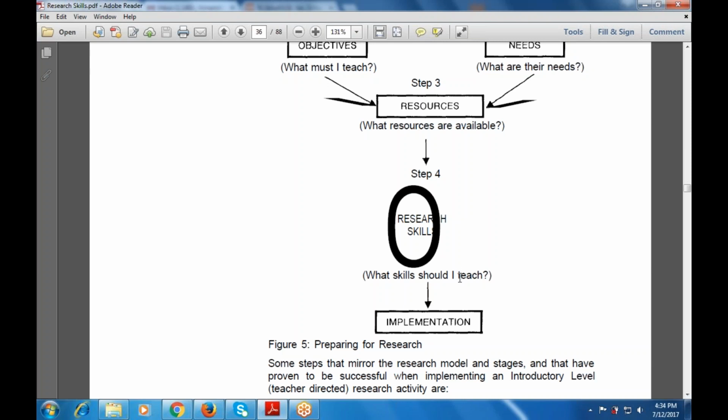Some steps also mirror the research models and the stages, and they have proven to be successful when implementing introductory level teacher-directed research activities.